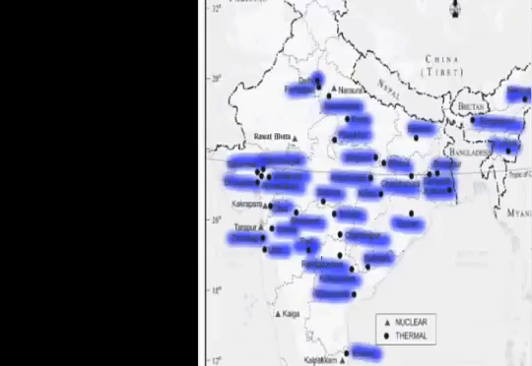So these all are the major thermal power plants of India, where 310 power plants are working at present.